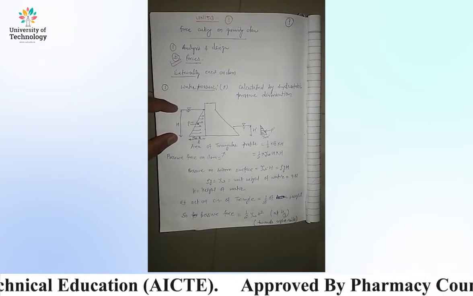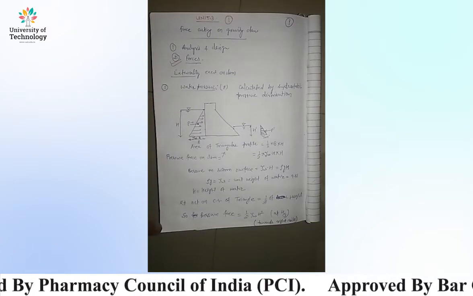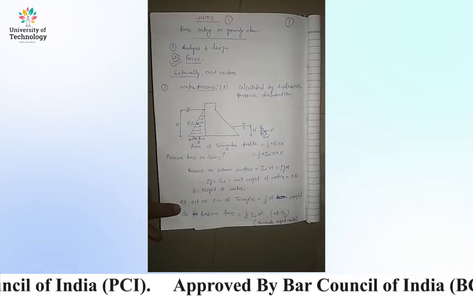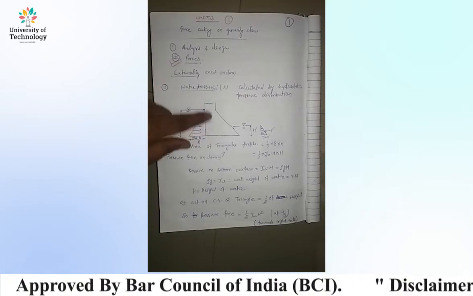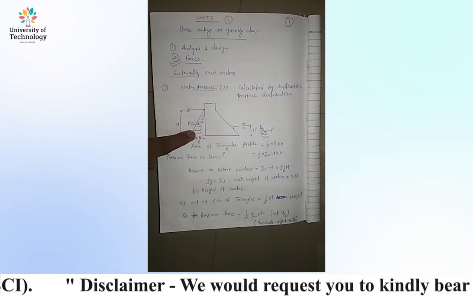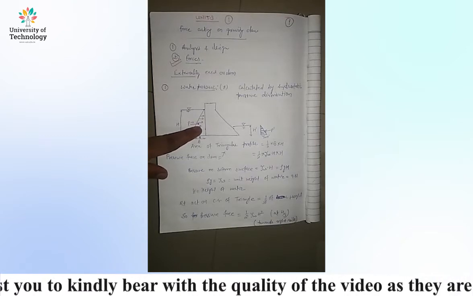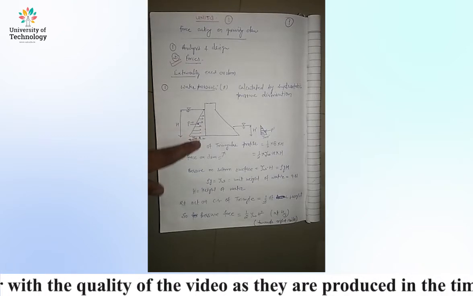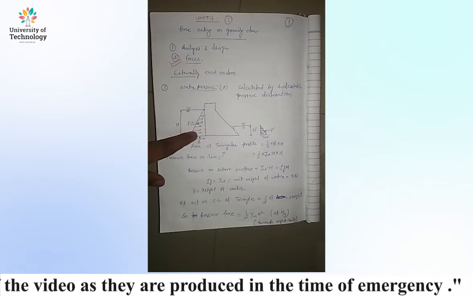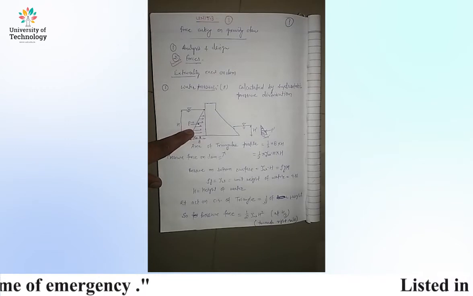Capital H is the height of water, the head available on the upstream side. The pressure on the dam from the upstream side will act at the center of gravity of this triangle, which is at 1/3 of the height.